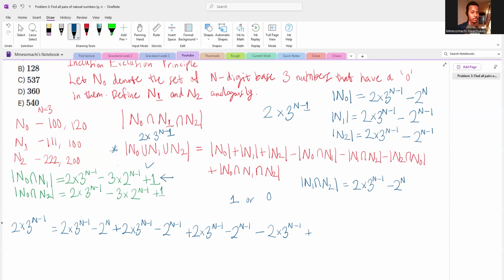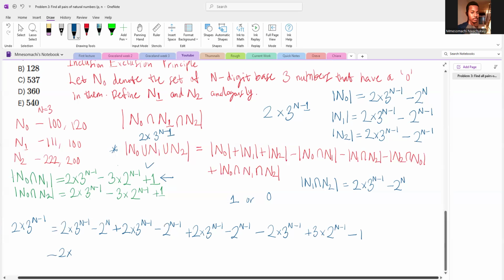So that's minus 3 times 2 to the power of n minus 1, which will change to plus 3 times 2 to the power of n minus 1 minus 1. And then N1 intersect N2. Let me write it on a new line. So minus 2 times 3 to the power of n minus 1 plus 2 to the power of n.